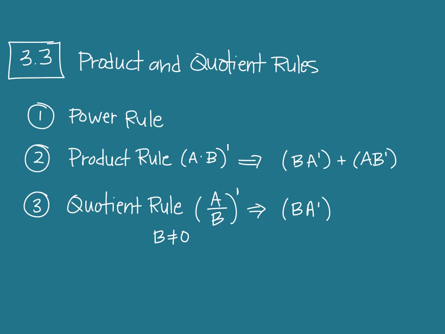But it's the subtraction then of A B prime. And what else does it have that the product rule doesn't have? It has a denominator, right? And the denominator is not a prime at all, but it is B squared.